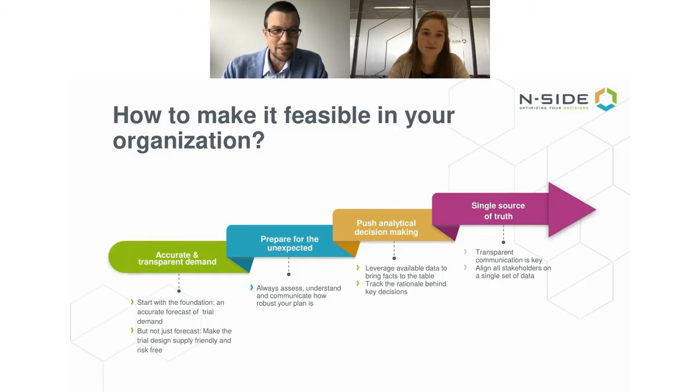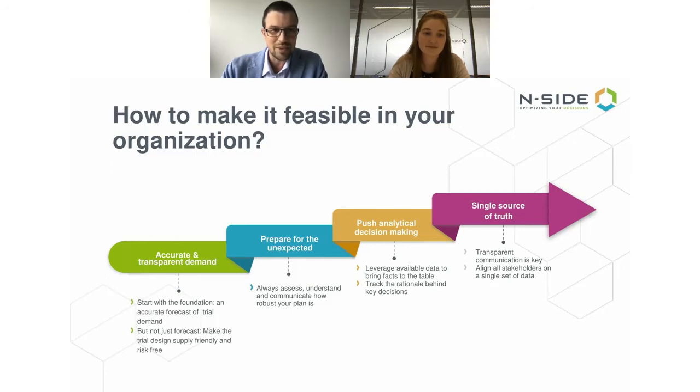So the first one is the accuracy and transparency of the demand. And again, I think I've said that a couple times already since the start of the webinar, but this is where it all starts. And it's not only about getting an accurate forecast, it's also about making your trial designs somewhat supply friendly, accounting for the supply of drug, making sure that we are prepared for that as well, and that we incorporate risk in there.